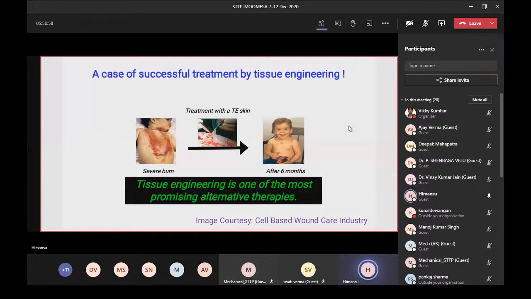The baby has lost his skin, a big area of skin, and unfortunately our body's regeneration system is capable of regenerating only a very small piece of tissue or organ, but not a large tissue.